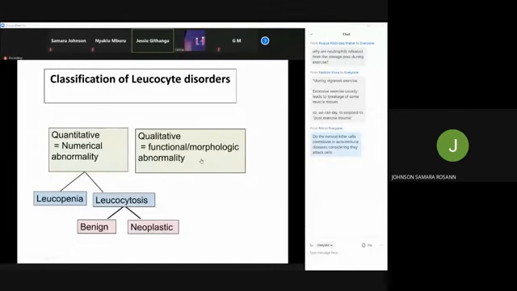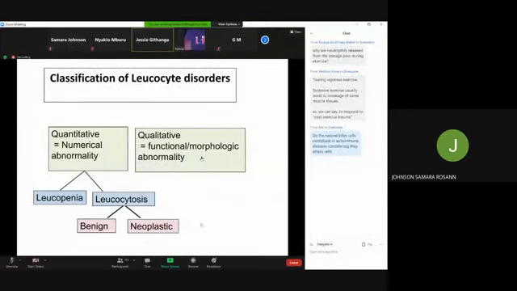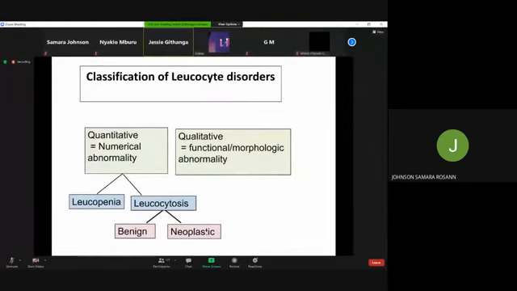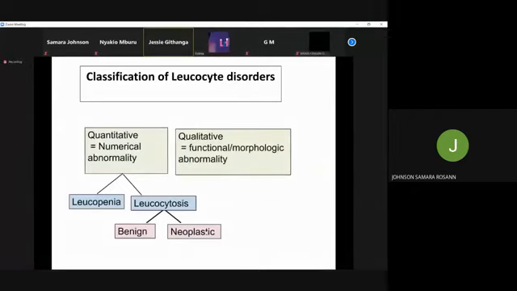Now, the qualitative abnormalities: you may have a functional abnormality in that the function of the leukocytes is abnormal. Very often, this may be accompanied by a morphologic abnormality in that the morphology of the leukocyte, whether we look at it by light microscopy or electron microscopy, is abnormal, right? And having quantitative and qualitative abnormalities are not mutually exclusive.